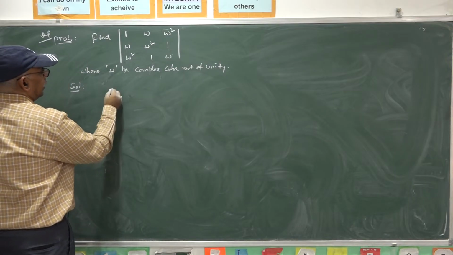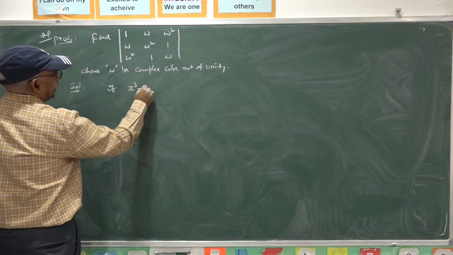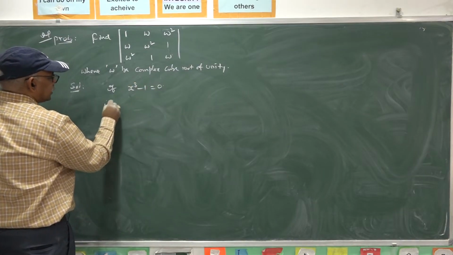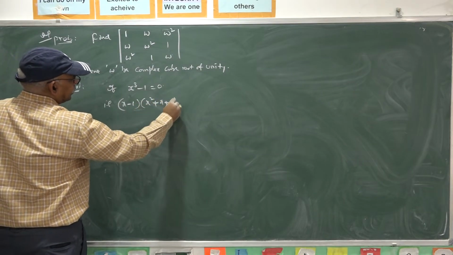That means if x cube minus 1 equals 0, that is x minus 1 into x square plus x plus 1 equals 0.